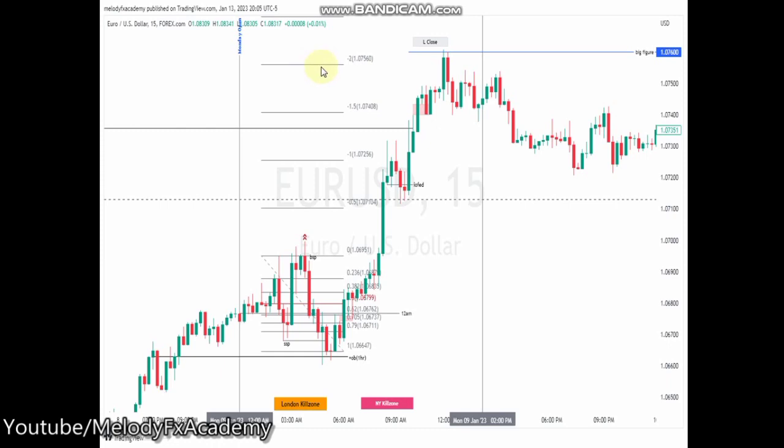Then looking at the 2 standard deviation projection that you can see here above this old high, what do we say, if price will trade above an old high, what is the number of pips that we expect it to go? How far should price expand above an old high? A minimum of 40 pips, right?